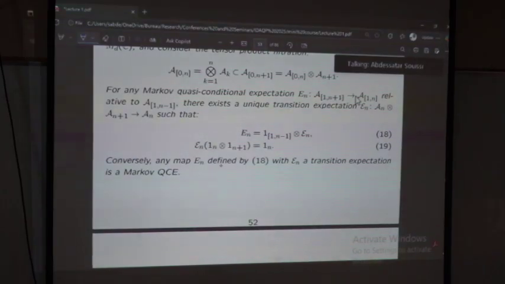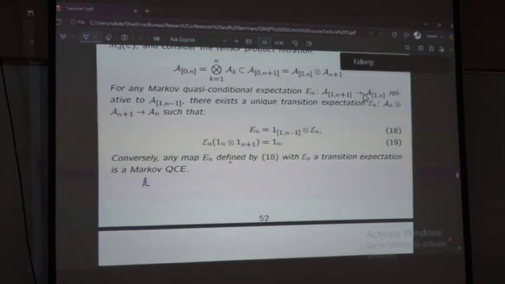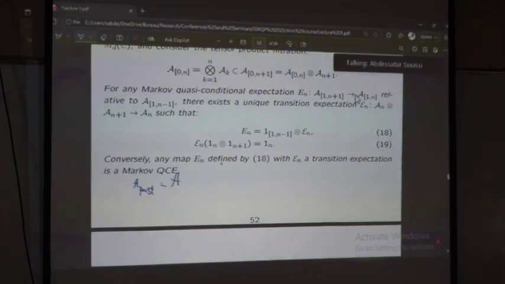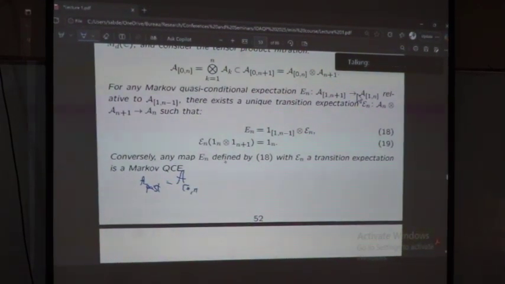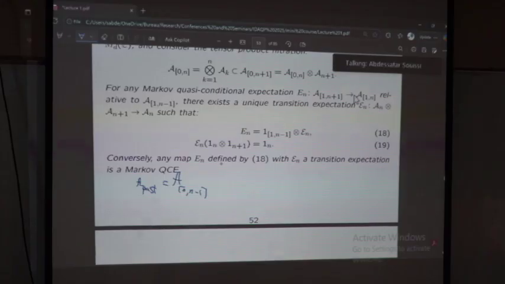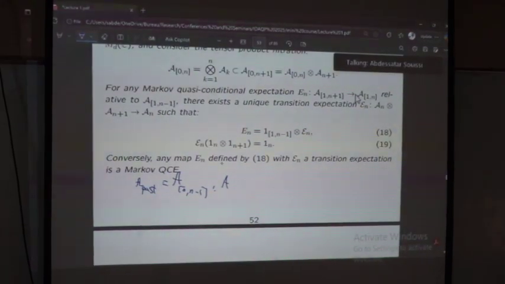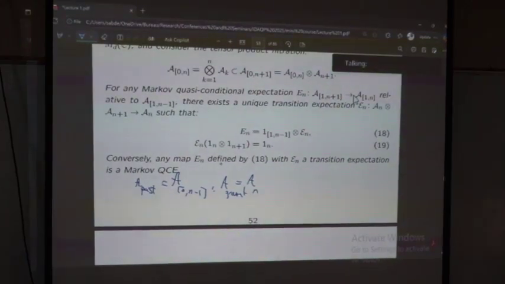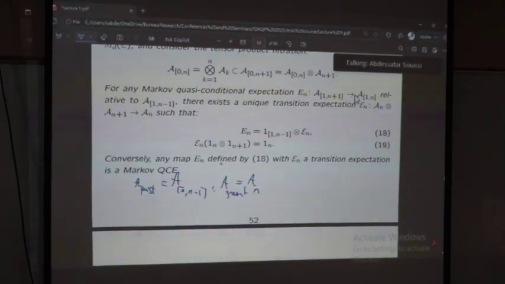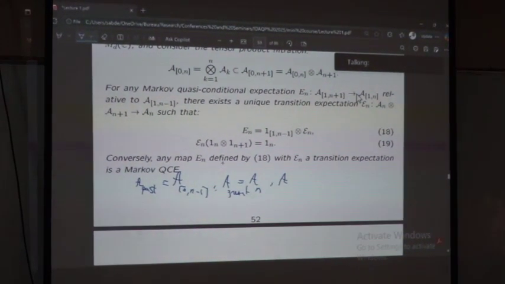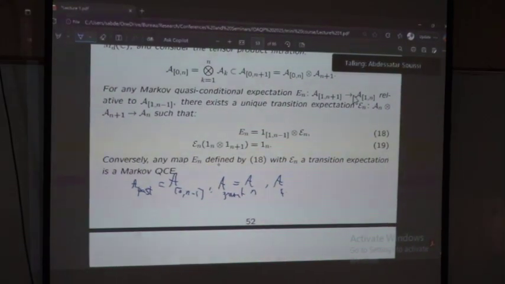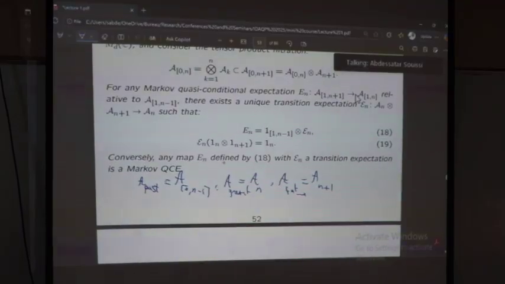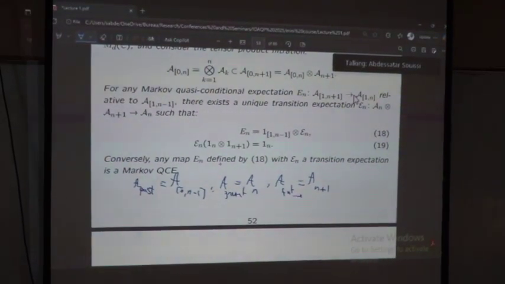The past algebra A past is here A_{0 to n minus 1}, and A present is A_n, which is a copy of M_d(C), and A future is A_{n plus 1}. And here the bigger algebra is A_{0 to n plus 1}.